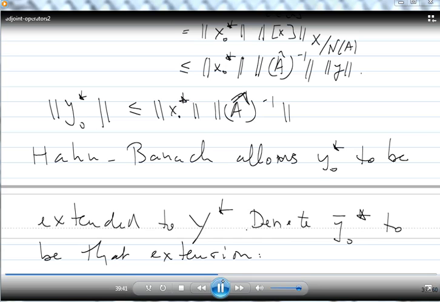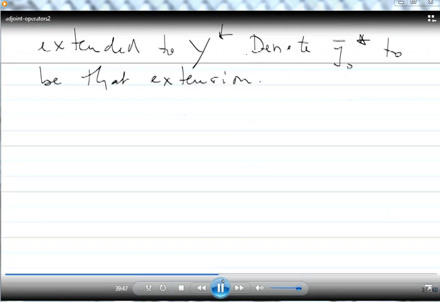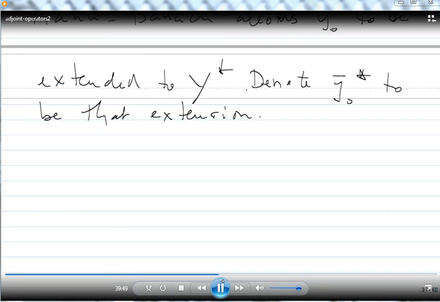So now, let x be in X. We have A star, the conjugate, because it goes from Y star to X star, of that element at x.